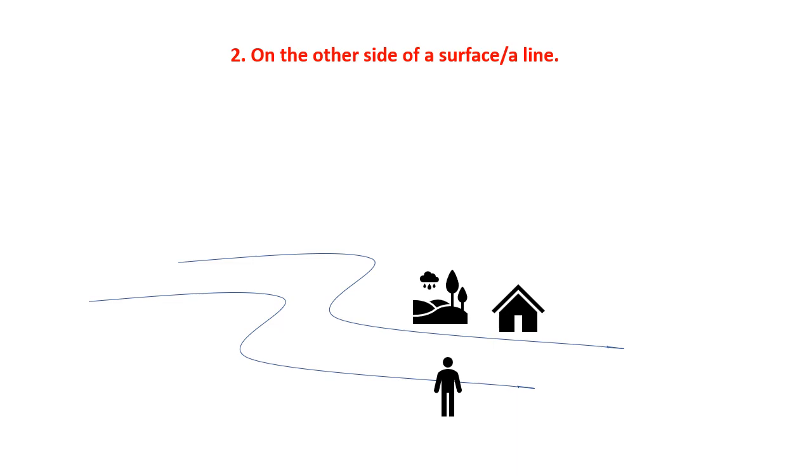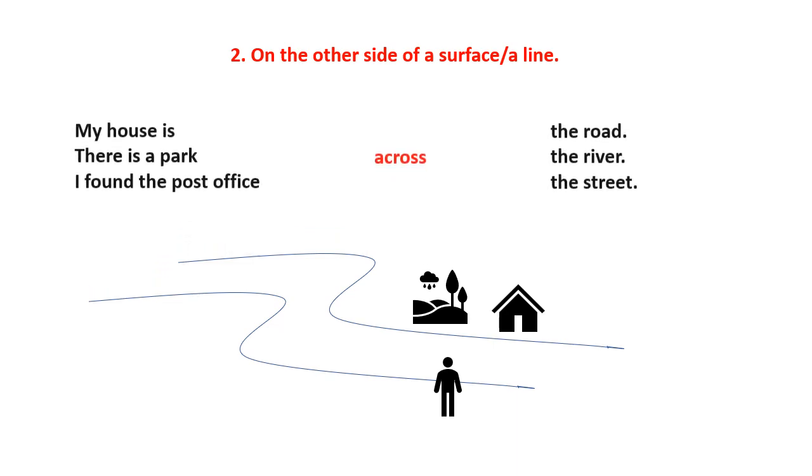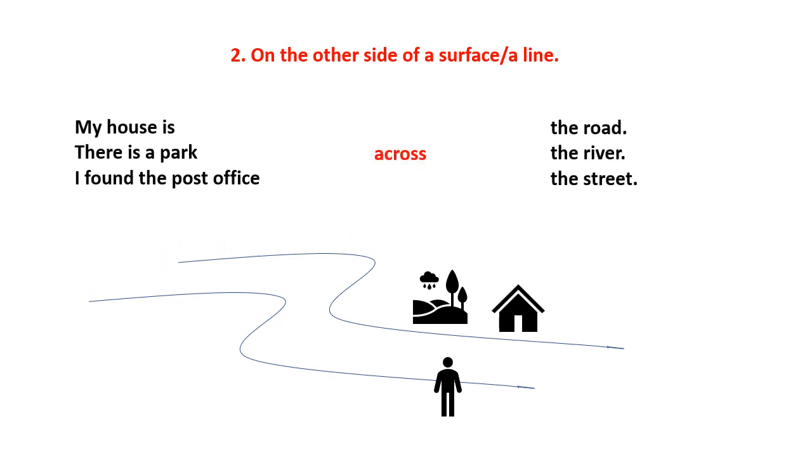Now let us look at the sentences. My house is across the road. My house is across the river. My house is across the street. That means my house is on the other side of the road or on the other side of the river or on the other side of the street.